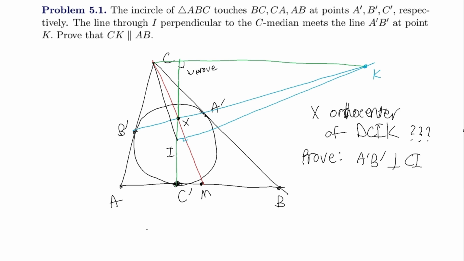But this should not be super hard, because A'B' is just perpendicular to this by symmetry, because CA' equals CB', and therefore when you reflect it across the angle bisector, it's the same. So this line is just perpendicular to this line already. So this is obvious.